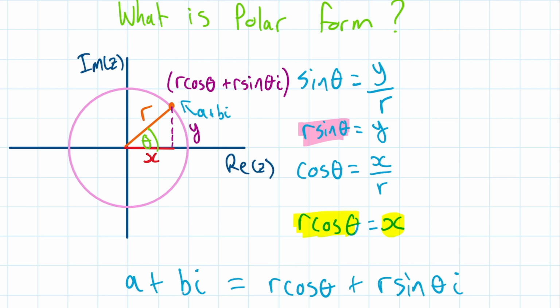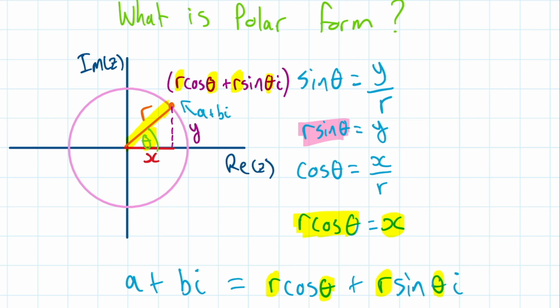My complex number can be expressed as a plus bi, or it can be expressed as r cos theta plus r sine theta i, where my r relates to the length of this line here. So the r in these expressions is the length or the magnitude or the modulus of my complex number. And my angle theta relates to the angle it makes with the real axis on my Argand diagram.